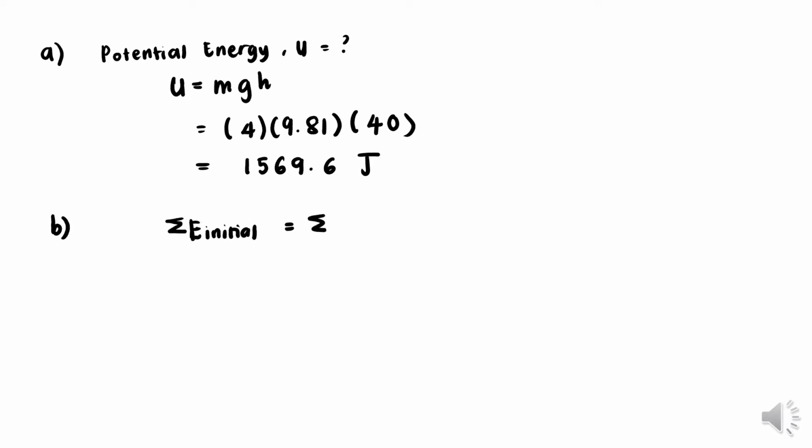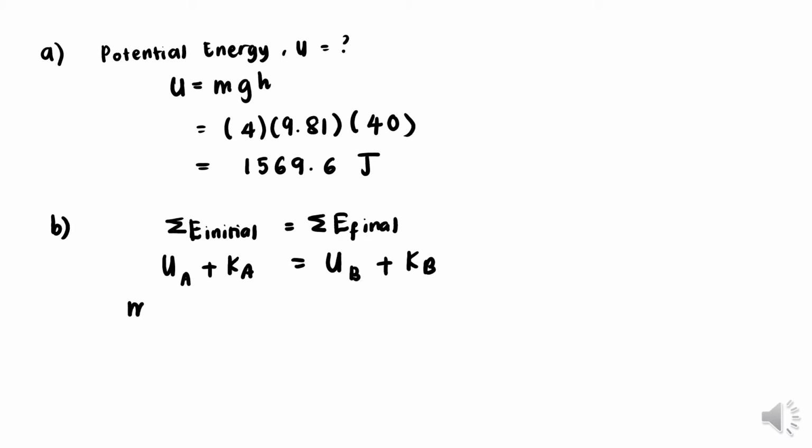Potential energy at point A is U equal to mgh, and our height is 40 meters. So the answer will be 1569.6 joule.